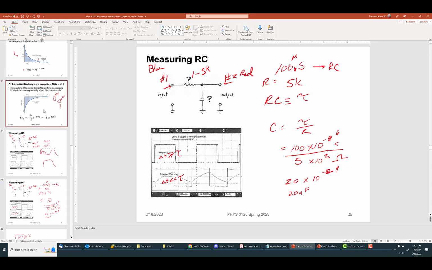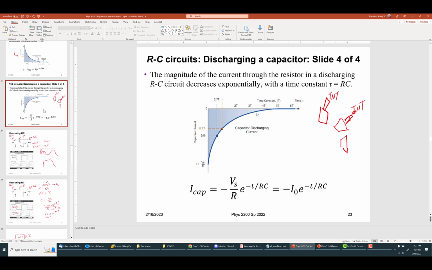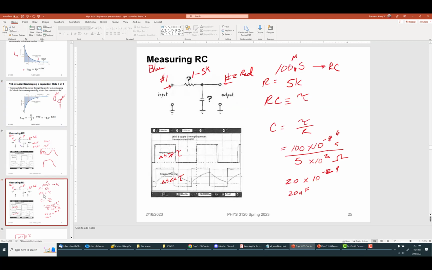And that should be familiar because of this business of time constants. One of our colleagues had already picked out a 5K resistor. So we said, okay, if we want a time constant of 100 microseconds, and we already have a 5K resistor, we know that tau, the time constant, equals RC, so we solve for C: 100 times 10 to the minus 6 divided by 5 times 10 to the third, and you end up with 20 nanofarads.